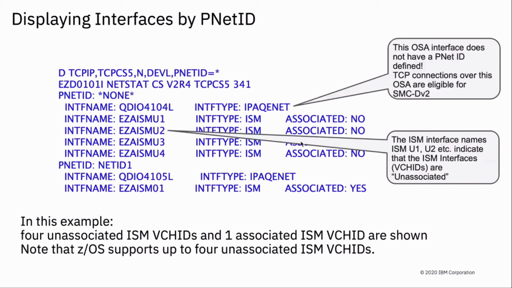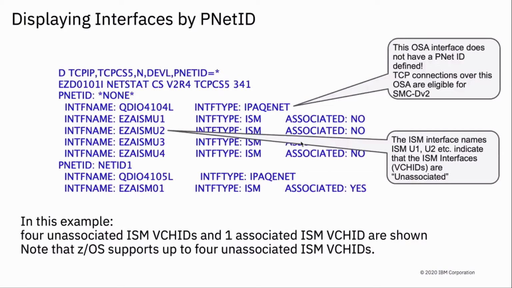In the display, it has asterisk, none, asterisk. And you see our unassociated guys, EZA ISM U1 through U4. That U in the 7th position means it's one of our unassociated ones. So the name sticks out there, right? And we also say they're associated no, right? So that also indicates that's one of these ISM fabrics that have no PNetID associated with them.